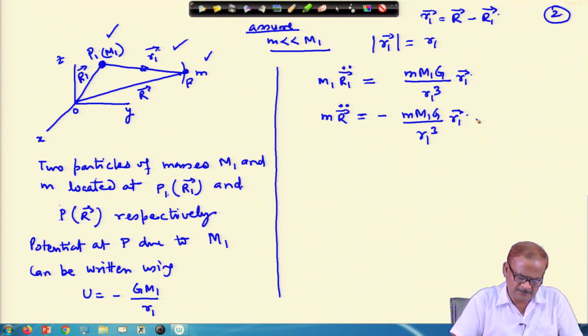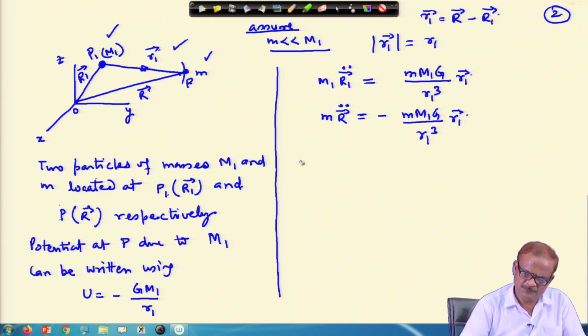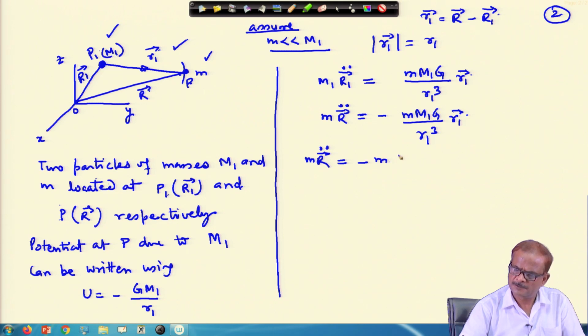So, using this, the equation of motion for the smaller mass can be written as m multiplied by r double dot, and on the right hand side, what are the terms which will appear?